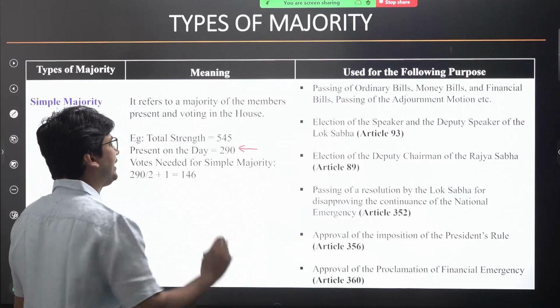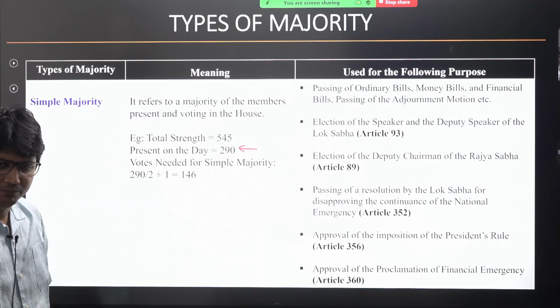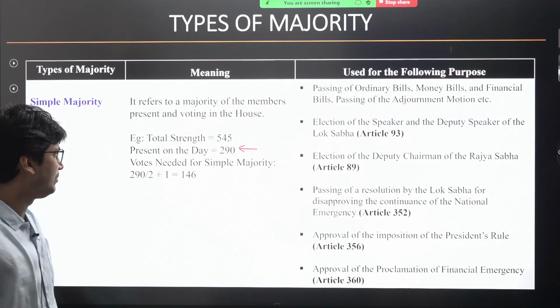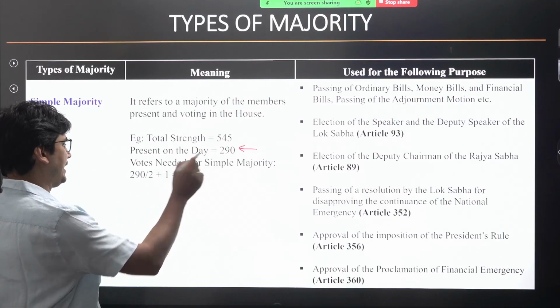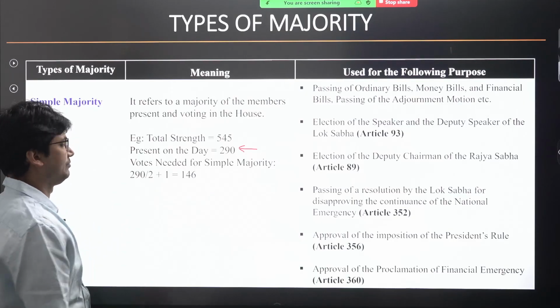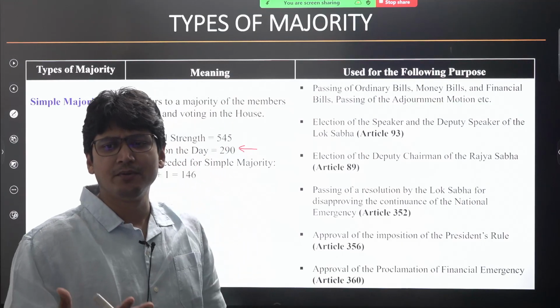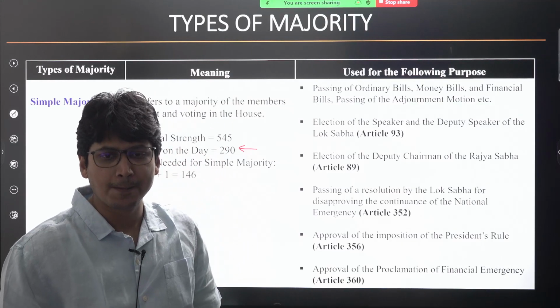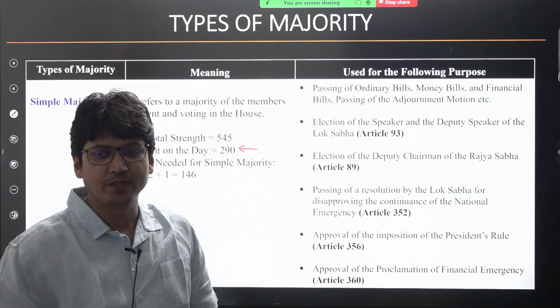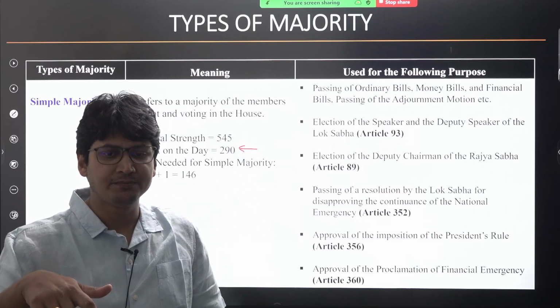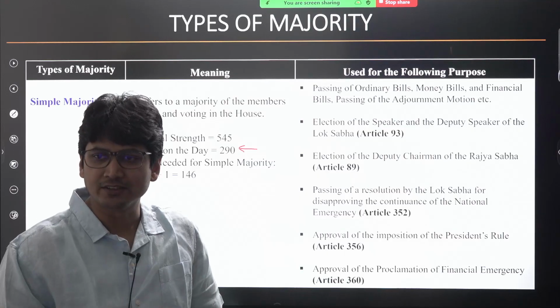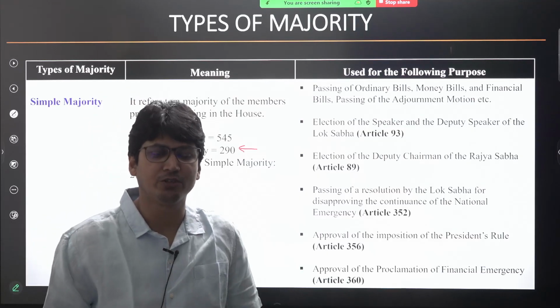So votes needed for any law to be passed by simple majority would be 290 divided by 2 plus 1. So this is simple majority: the number of members present and voting, that is half plus 1.